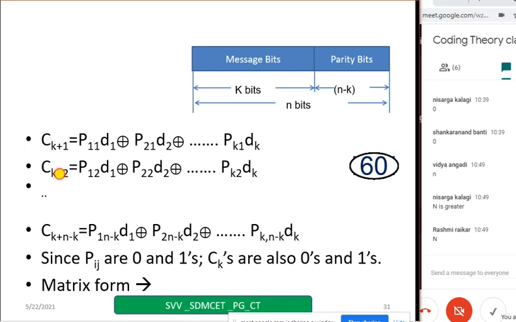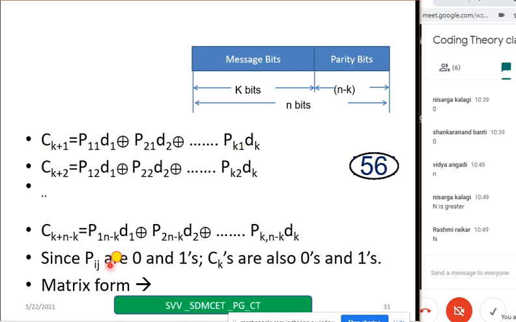Similarly, the next parity bit depends on P12, P22, Pk2, some combination of zeros and ones. This indicates whether a particular bit I am considering or not considering. We have taken this in the previous example, and no doubt we will discuss many examples after this theory is over. Copy down this equation.